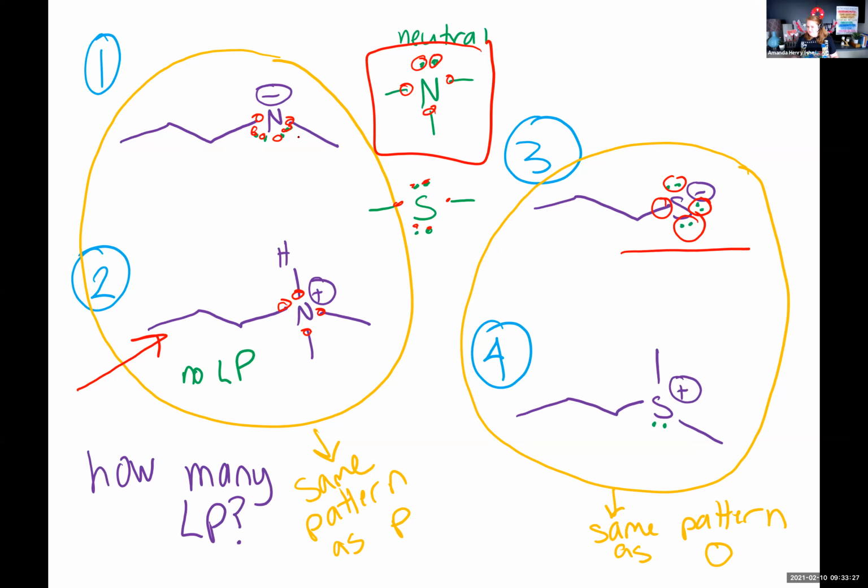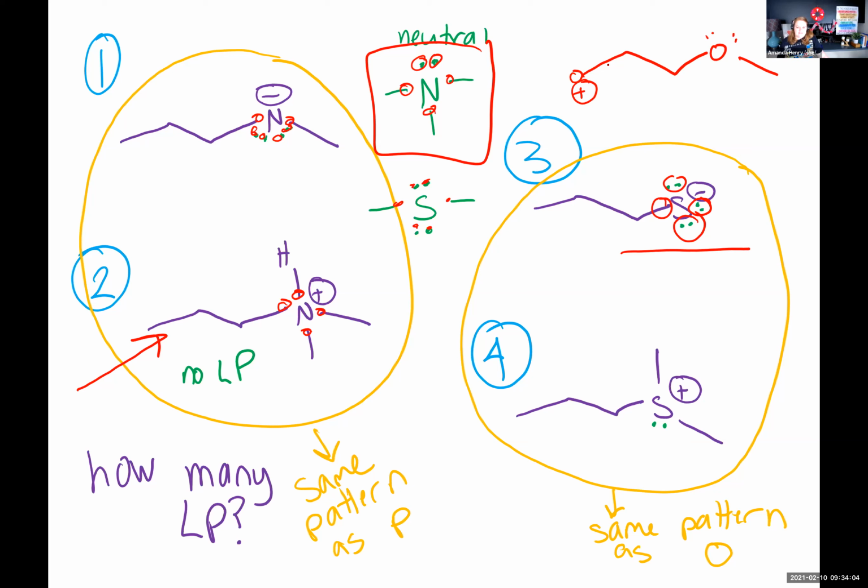Any other questions on these? So Devin asked a question that made me want to add something else in. How you would see something like this on the first test is a structure that looks like this, and it would have lone pairs, or it would have a charge, and you're asked to fill in the missing charge, or you're asked to fill in the missing lone pairs.